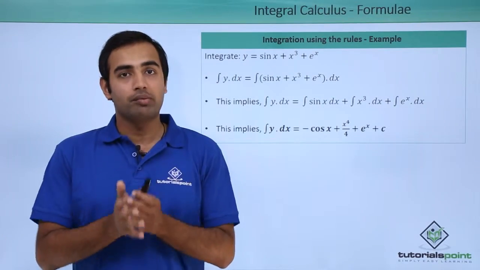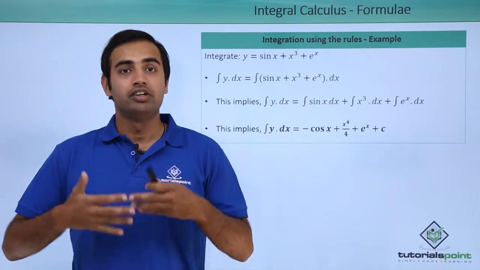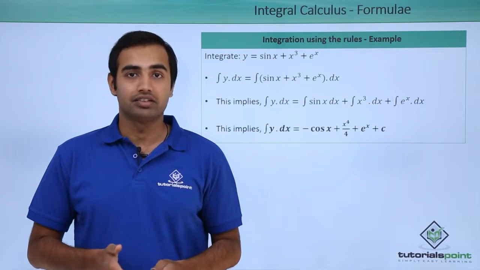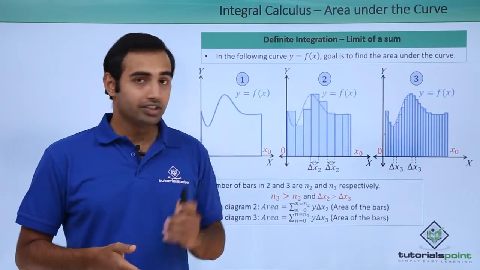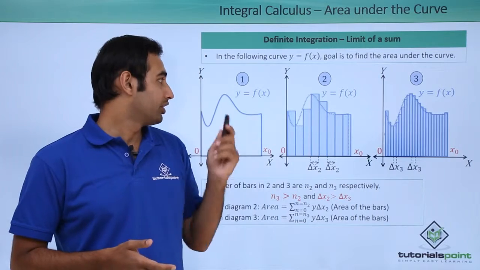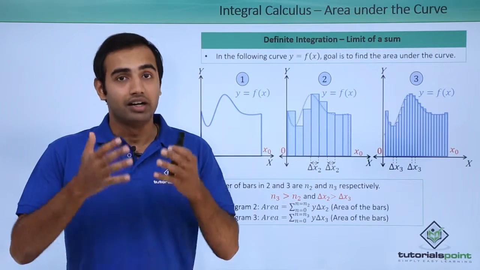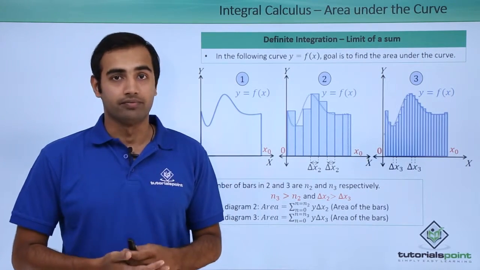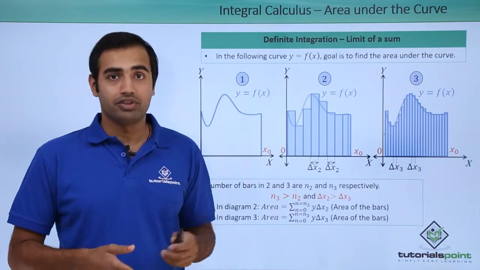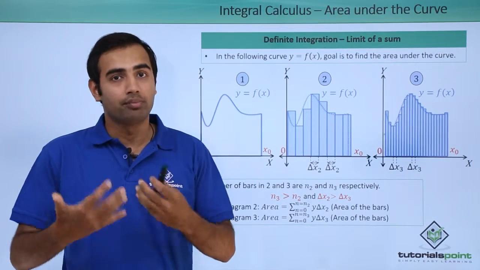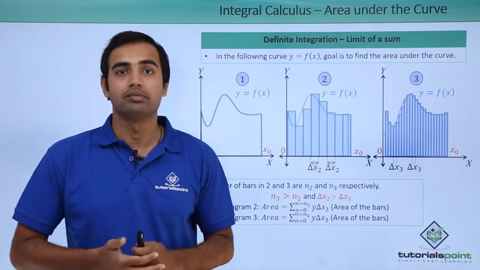Now, let's talk about the second aspect of integration, which is finding area under the curves. So over here, you can see that I have drawn a function y is equal to fx, under which I am supposed to find the area. In the next two drawings, I have tried to approximate the area using rectangular bars.